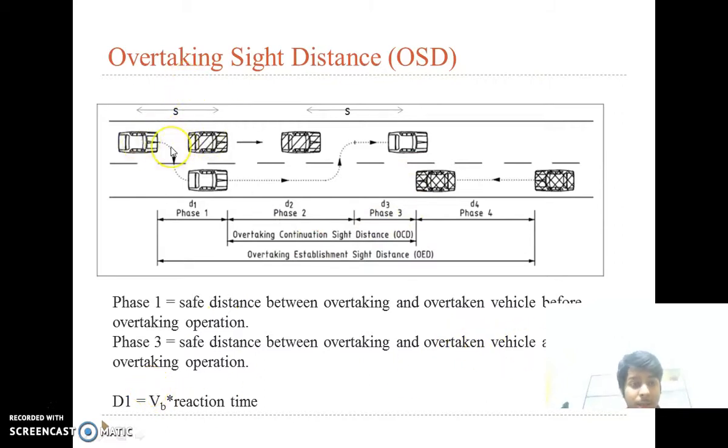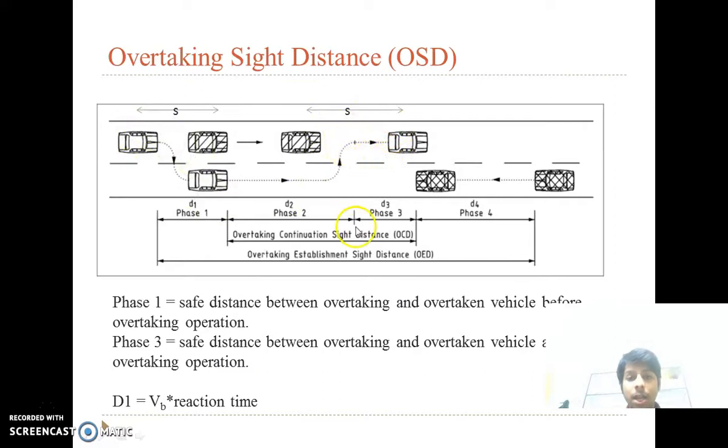So in this distance, what is happening? The driver is looking at the other lane to see if any vehicle is coming in the opposite direction. If he finds a vehicle in the opposite direction, he doesn't go. When he finds that the lane is clear and the vehicle is far away and will not be affected, he takes the overtaking, accelerates, reaches the initial lane and maintains the safe distance.